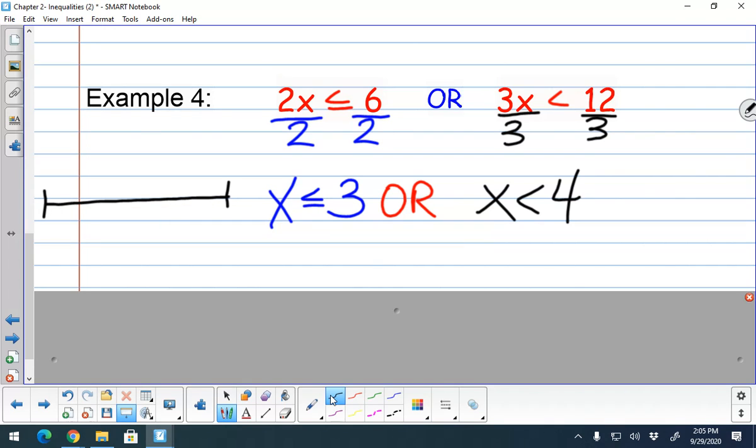Make my number line. What numbers am I putting in? 3 and 4. Open dot or closed dot on the 3? Open dot or closed dot on the 4? Shading left or right for the 3?